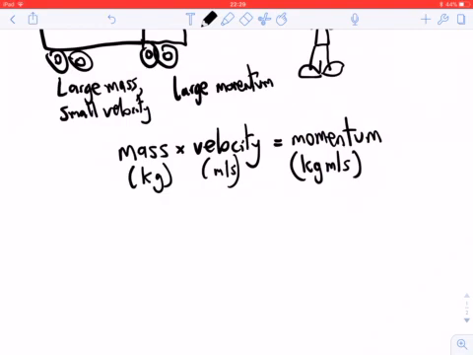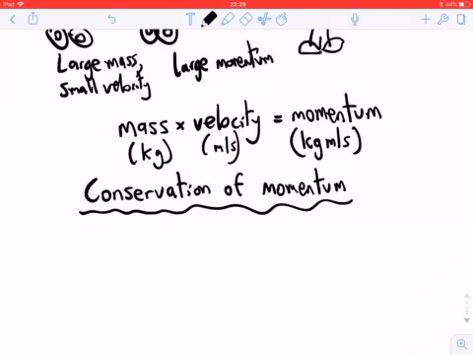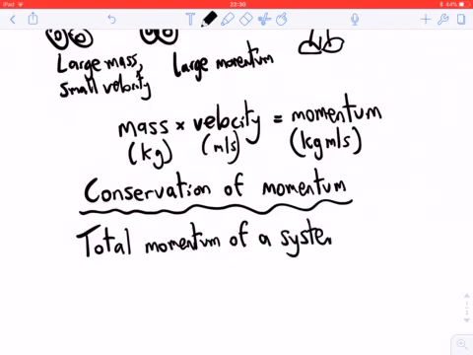Well, one of the fundamental laws of our universe is the law of conservation of momentum. This law tells us momentum remains constant. But that's a bit vague because obviously individual objects can gain and lose momentum. So what we really mean is that the total momentum of a system of objects remains constant.